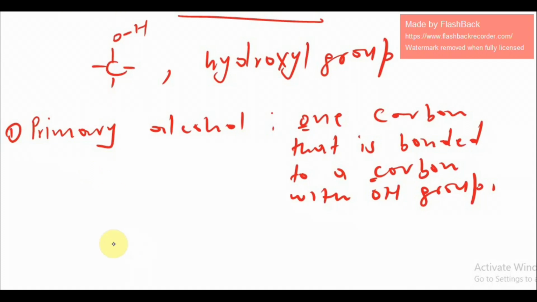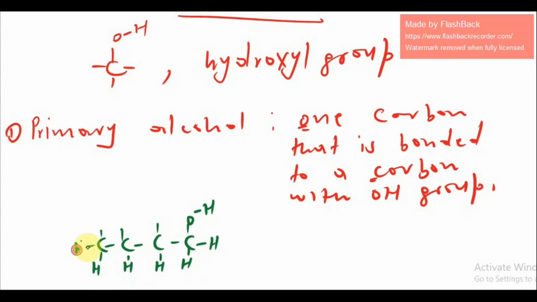All right, now let's look at this example. 1, 2, 3, 4. In this example I have OH here, then I have H, H, H, H, H, H, H, H, H. Then the carbon with the OH group, this is the carbon.